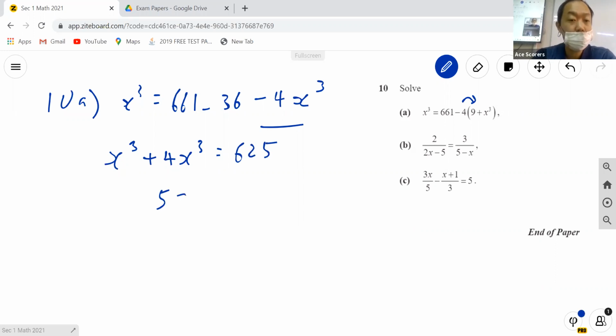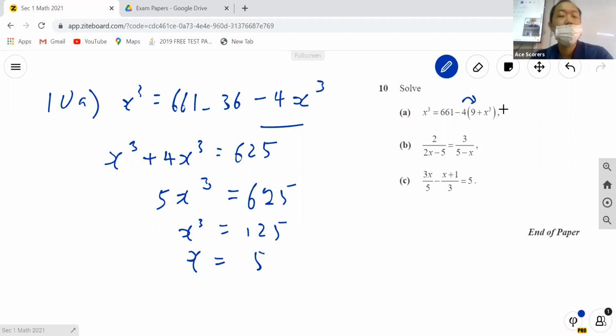So 5x cubed equals 625. X cubed equals 125. X equals 5.